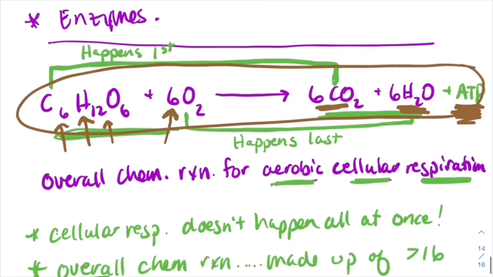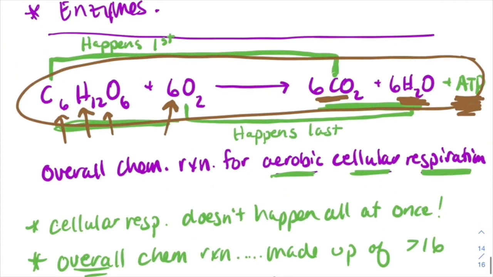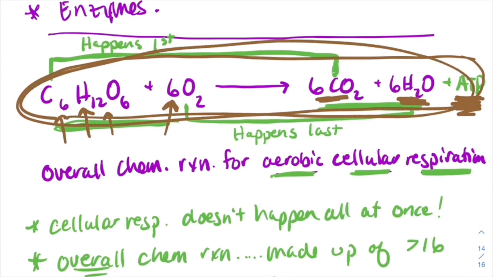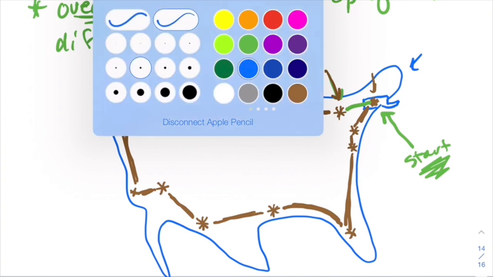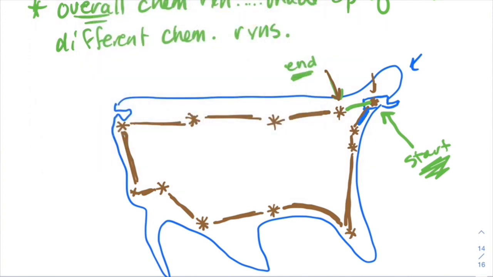Instead, the cell breaks down this process here into a bunch of shorter trips, just like you took with your cousin. Here, this here would represent one small chemical reaction. Then this line here, this little trip here from, what was that, Maryland to DC, would be another chemical reaction.